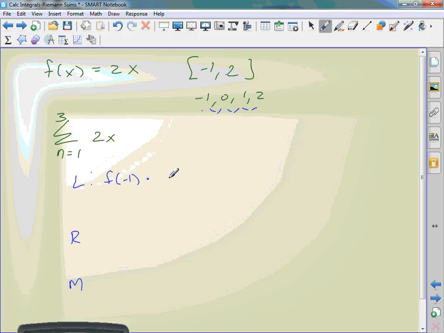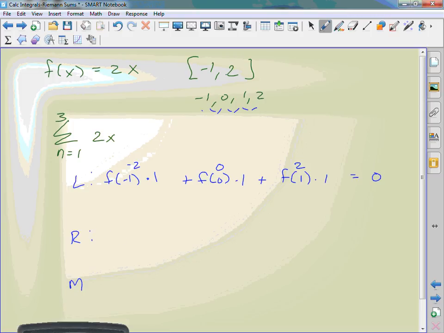So it's just all times 1, so that's fine. Plus f of 0 times 1, plus f of 1 times 1. -1 times 2 is -2. 0 times anything is 0. 1 times 2 is 2. -2, 0, and 2 is 0.